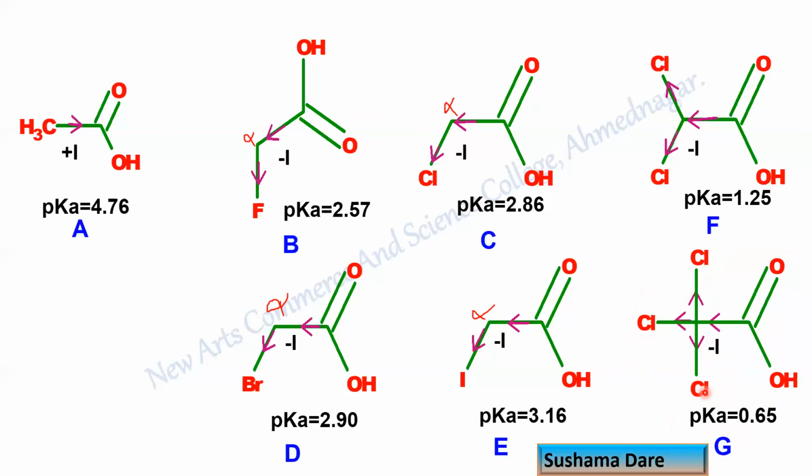As the minus I effect goes on increasing, it increases the stability of the conjugate base. Because of that, the rate of dissociation is fast, and as the rate of dissociation is fast, it is a strong acid. So as the number of electron withdrawing groups increases in compound G, look at the pK value, it is 0.65, so it is a strong acid. So the number of electron withdrawing groups present on the alpha carbon increases the acidity of the compound.